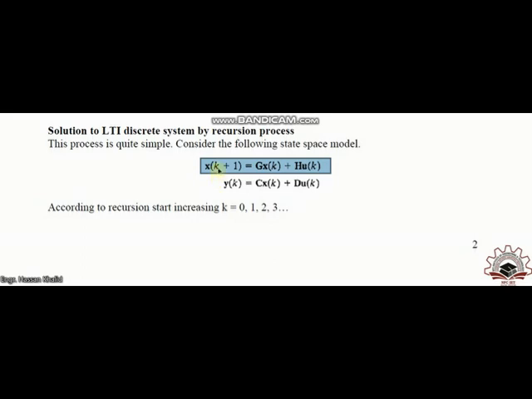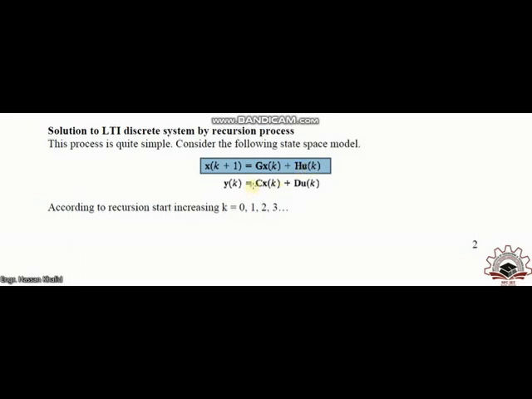If you place the value of k equal to 0, you will have x1 equal to G with the initial state x0, plus H u(0). Similarly, if you apply the value of 1, it will become x2, the state 2, equal to G x(1) plus H u(1).